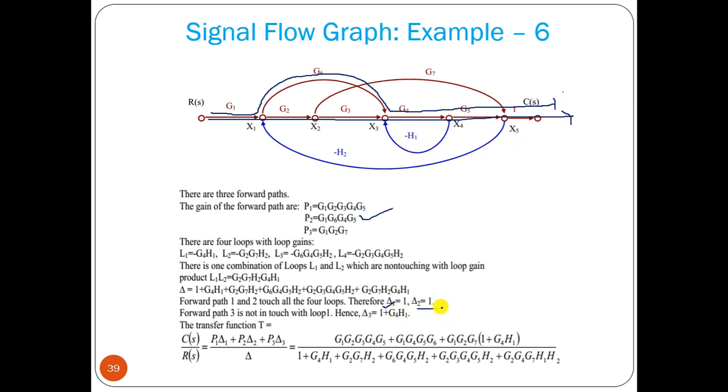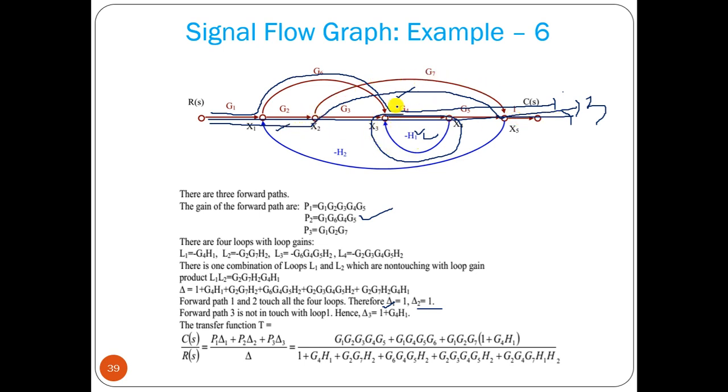so delta 2 is also 1. Now if we look for delta 3, that means this is the forward path up to x2, then G7, and get the third. Now if this is your forward path, then this particular loop is not touching with this forward path. We are basically bypassing this loop, up to x2, then jump and comes here.